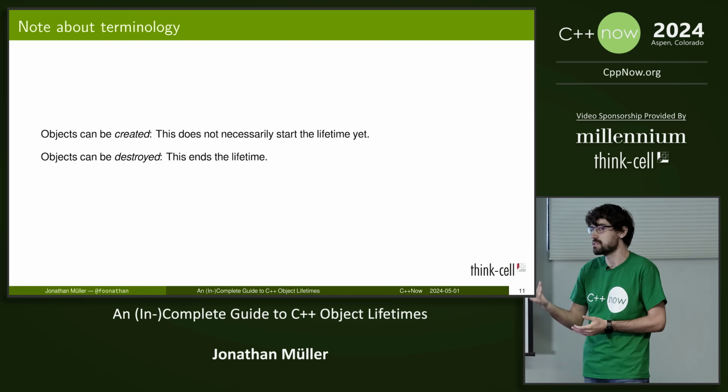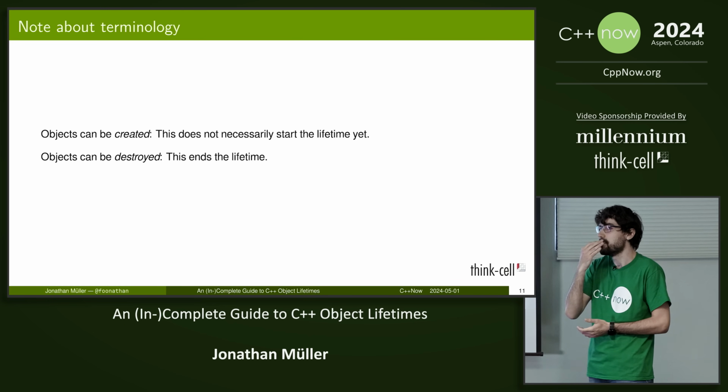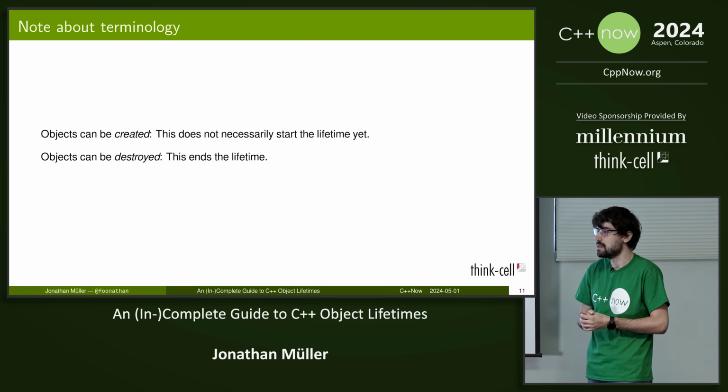So for example, consider a function local static. Sorry, it seems to me you're talking about variables, not about objects. That's why I'm confused. Well, variables create objects. The variable might exist, but the object it refers to might not have been created. Is that what you're saying? Yeah, the variable exists and the object exists, but the lifetime might not have started yet. Its storage might not have been allocated yet.